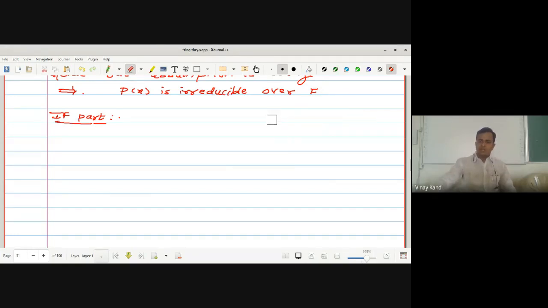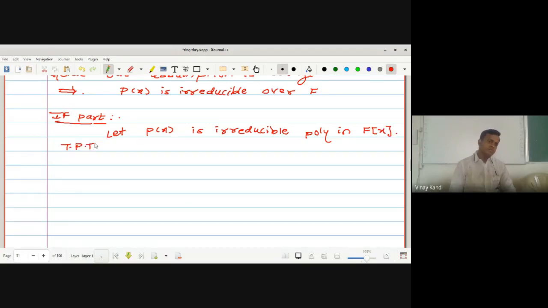So in the if part we are going to assume that the polynomial p of x is an irreducible polynomial in capital F of x, the ring of polynomials, and to prove that the ideal generated by p of x is a maximal ideal.